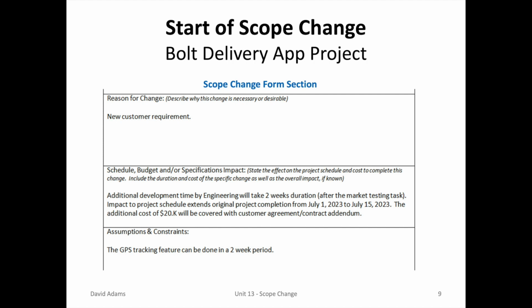Came directly from Janie Hodge. The next section, schedule, budget, and/or specifications impact, details all the information previously mentioned. And the one assumption and constraint listed is that the GPS tracking feature can be done in a 2-week period. And most importantly, the project sponsor, the project manager, and the customer all sign off on the project scope change.